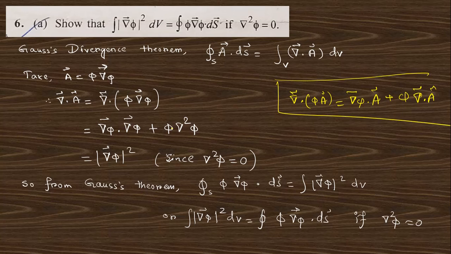Use this vector identity: grad phi dot grad phi plus phi times divergence of grad phi, which is nothing but grad square phi. Since grad square phi equals 0, you will get grad phi dot grad phi, which is nothing but grad phi square. So you can put in this formula where A equals phi grad phi, so the divergence of A will be grad phi square. If you put it in, you will get this formula.